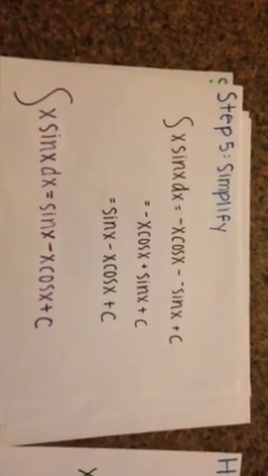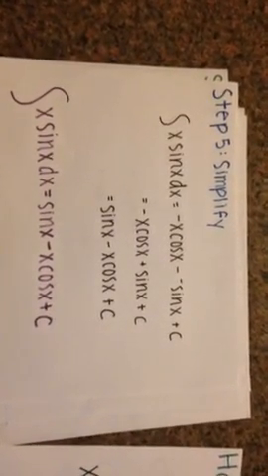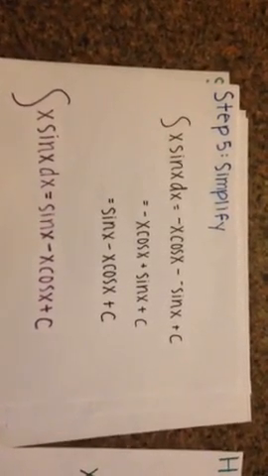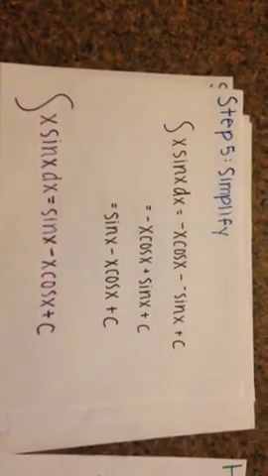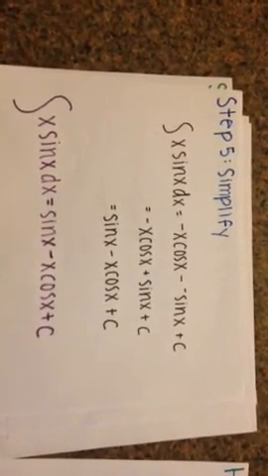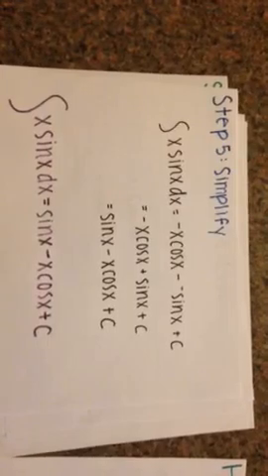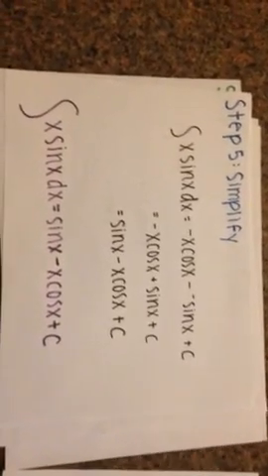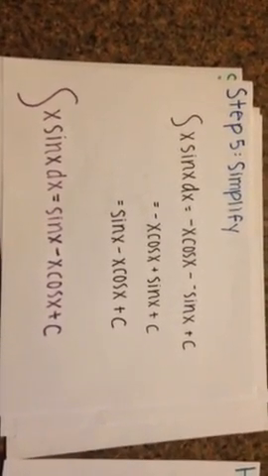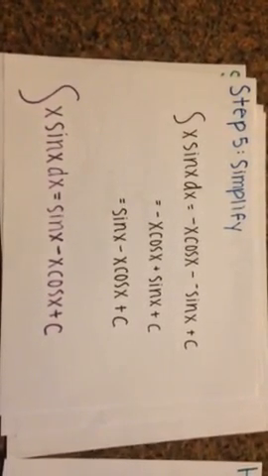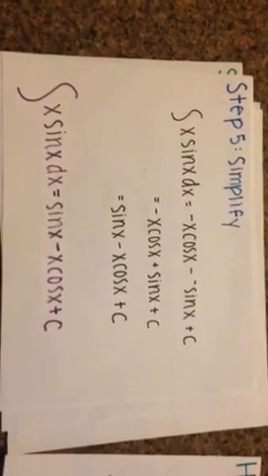The integral of x sine x dx equals negative x cosine x minus negative sine x plus c, which equals negative x cosine x plus sine x plus c, which equals sine x minus x cosine x plus c. So the final answer is the integral of x sine x dx equals sine x minus x cosine x plus c.